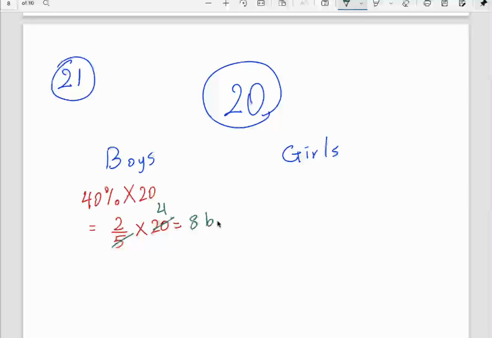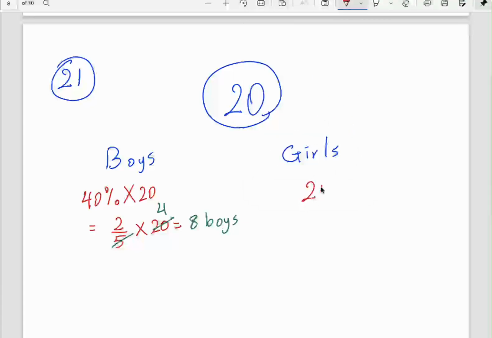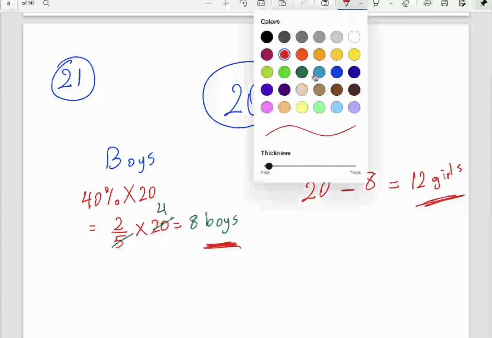So 8 boys. Now let's find the number of girls. We have 20 in all and we have 8 boys. So how many girls? 12 girls. Okay, so we know now the number of boys and the number of girls. Now let's find the percent needed from each one of them.